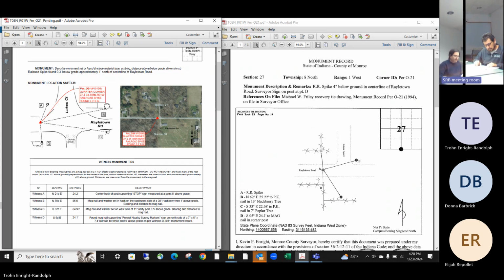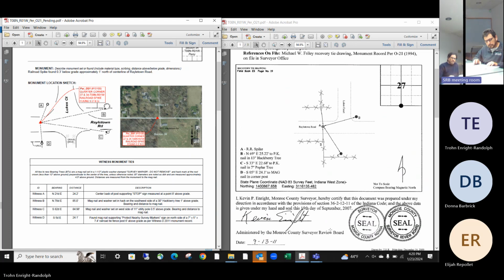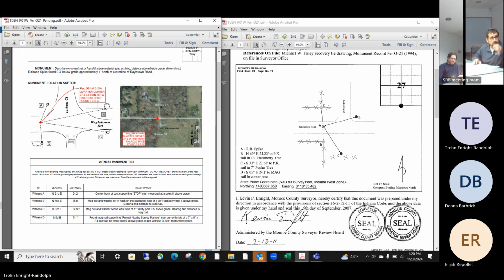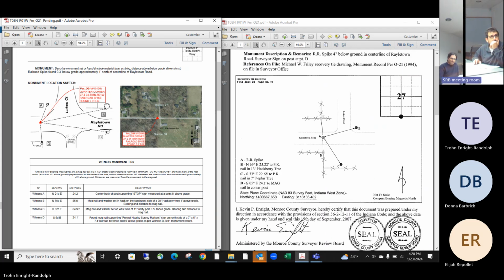Also, Jason pointed out that this had to be a wrong drawing because the road's there. So when I drew this back in 2009, I completely drew it wrong because that measurement goes right to the middle of the road. There were no field books for this, it was just based on the Friday ties.